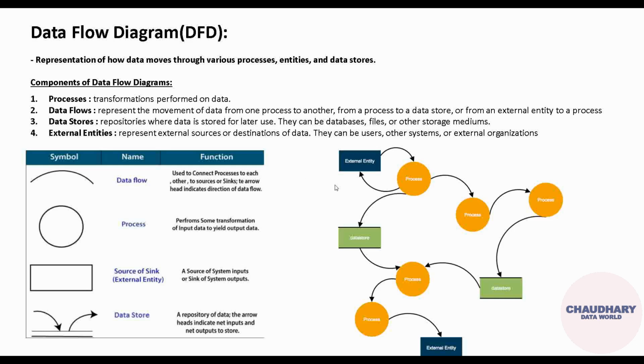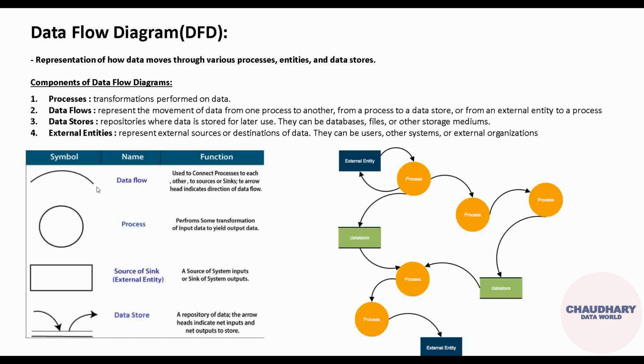You can see that this particular diagram is a general purpose data flow diagram in front of us. Whenever a process, entity, or data store is connected, that connection is established by this data flow.